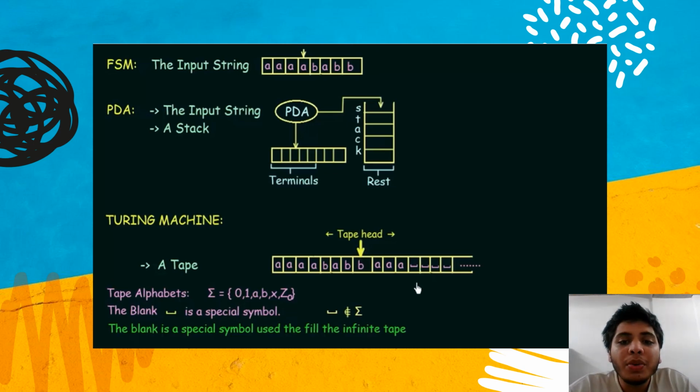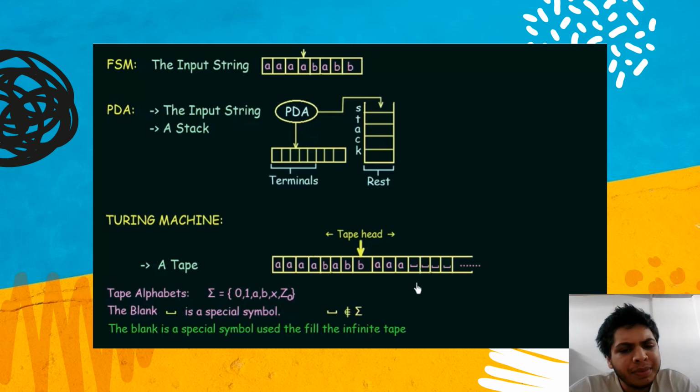Now, let us see what were the data structures that we had in finite state machines and push-down automata, and let's see what is the kind of data structure in a Turing machine. In the case of finite state machines, the data structure that we had was only the input string, and we have a control which can move only in one direction, that is only forward. Finite state machines have very limited power and very limited memory, and the class of languages accepted are only regular languages.